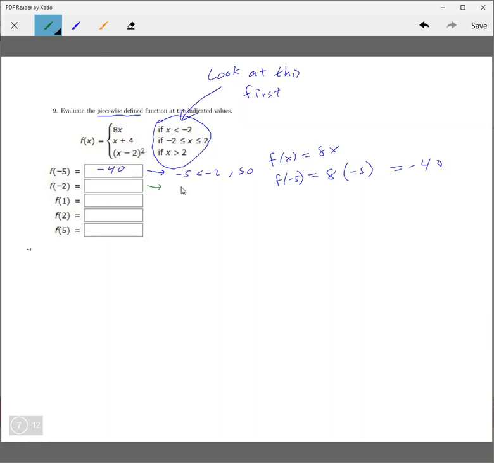Here, -2 is in this middle one, so you plug it into the middle formula. And that's going to give you 2.